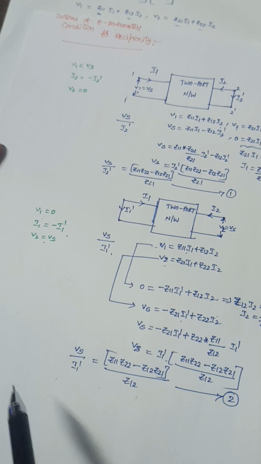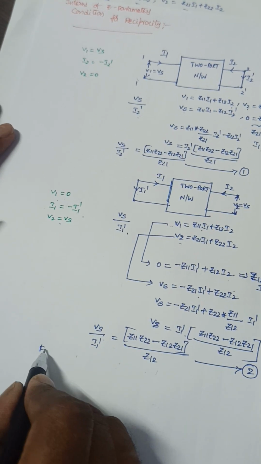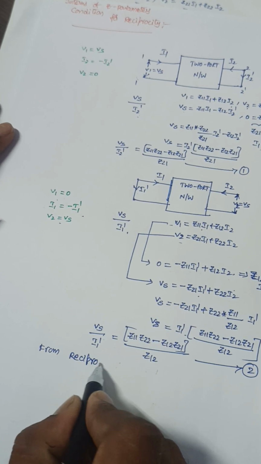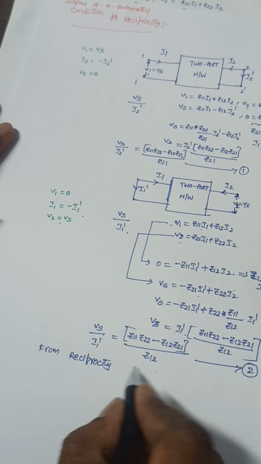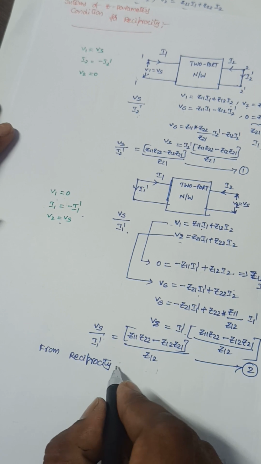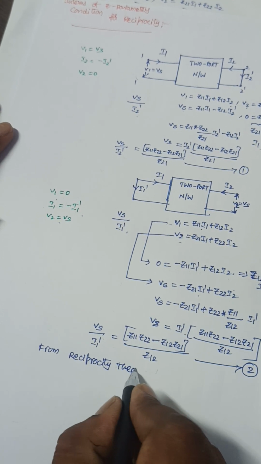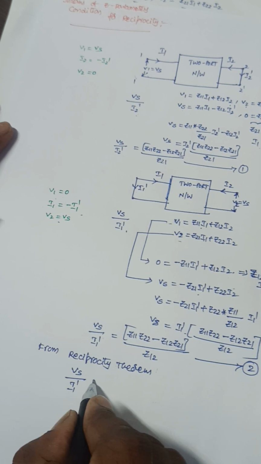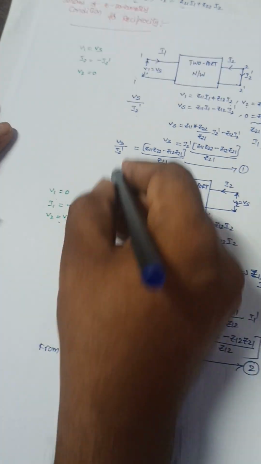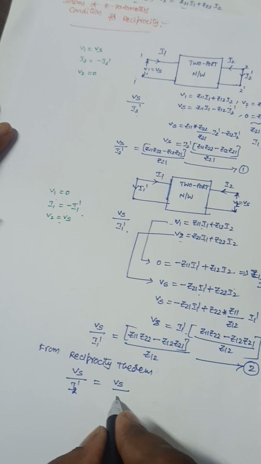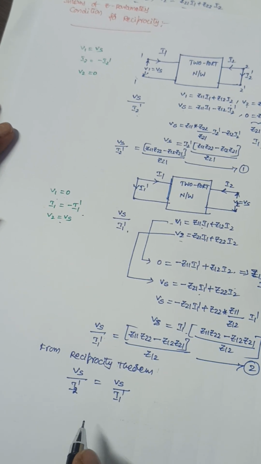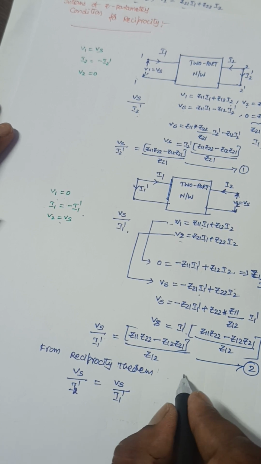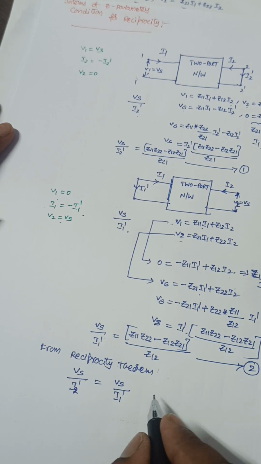That means from the reciprocity theorem, this Vs by I1 dash should be equal to Vs by I2 dash. That is, equation number 1 should be equal to equation number 2.